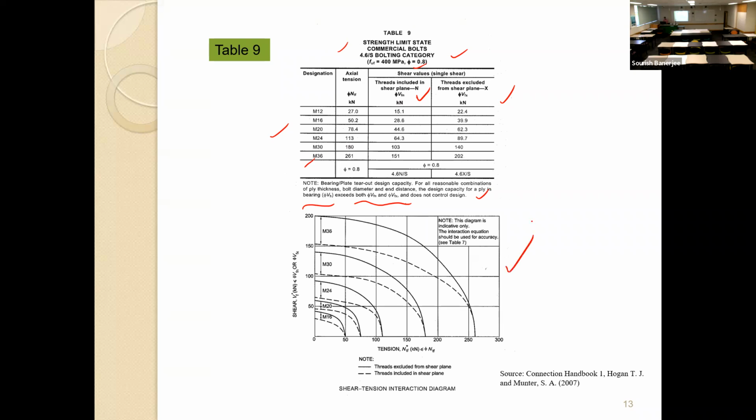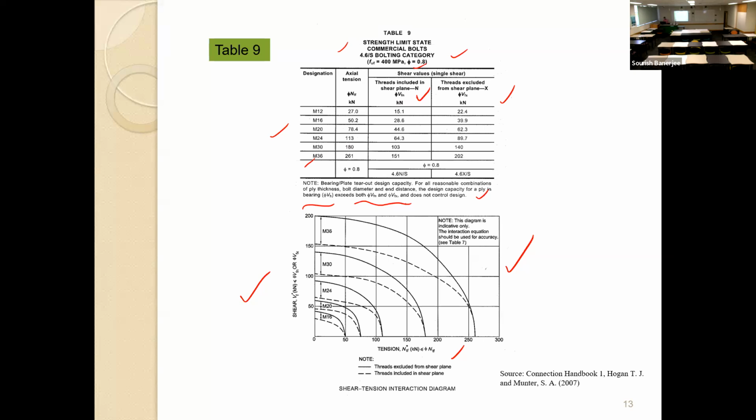Now, following on, if you look at the next table, it is the shear-tension interaction diagram. You can see the vertical axis is the shear and the horizontal axis is the tension. This is very similar to the column interaction diagram, because if you recall, when the column is subjected to an axial load and bending moment, it is a similar sort of thing.